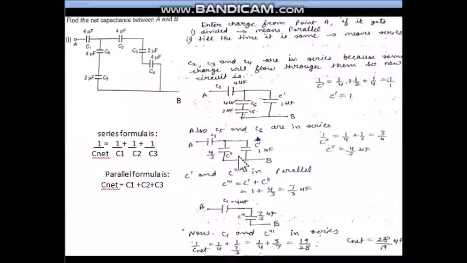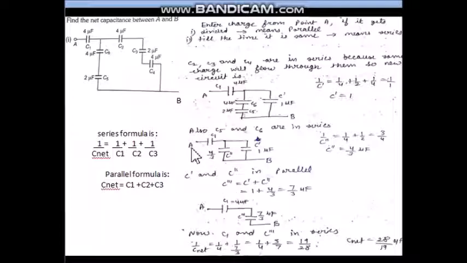Some part goes in C dash and some part in C double dash, and then again the total charge will be obtained at B. So always we have to enter the charge from A and get it back at B point. Since the charge gets divided in C dash and C double dash, both are in parallel, so the net answer will be obtained by direct addition. So 1 plus 4 by 3, the answer is 7 by 3 microfarad. Let us call it C triple dash.